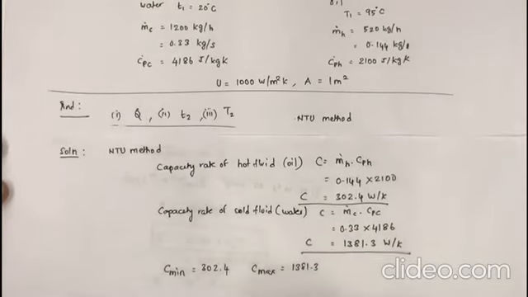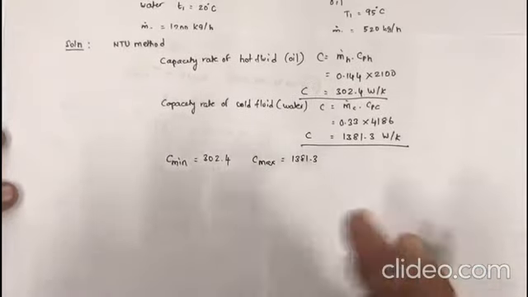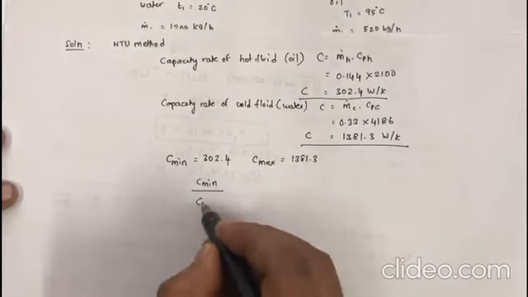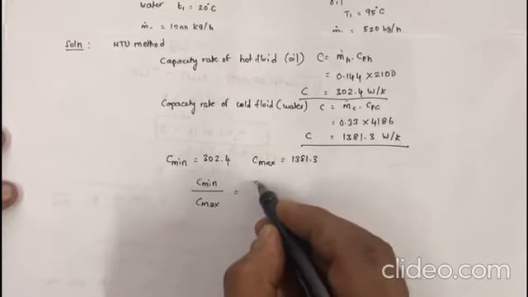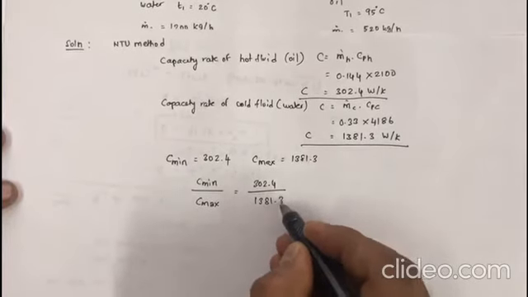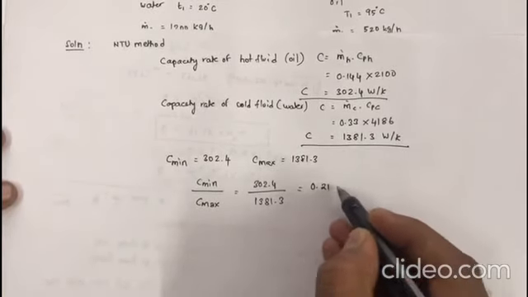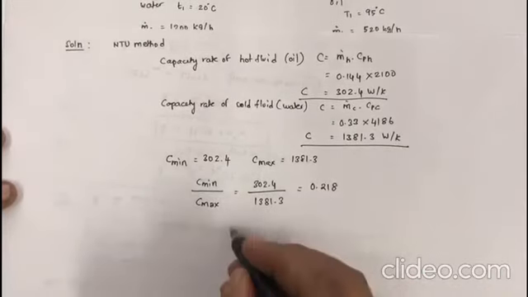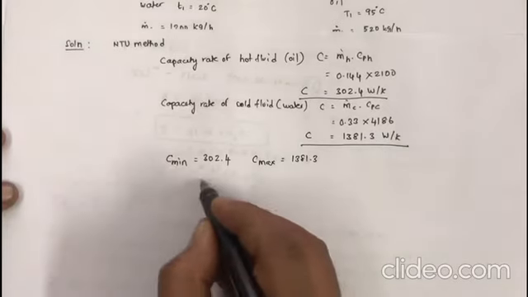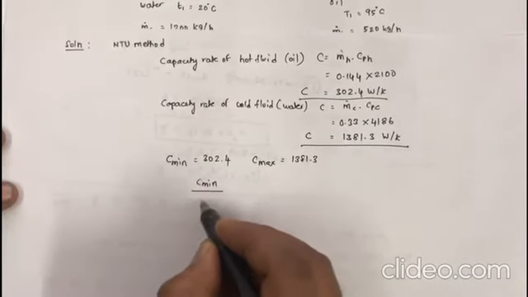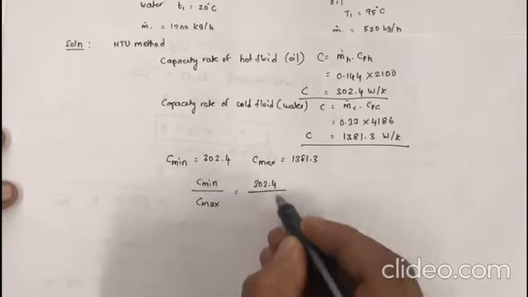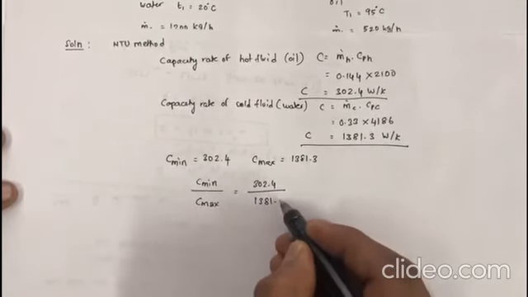Alright, so now the next step is to find C min by C max, which will be 302.4 divided by 1381.3.